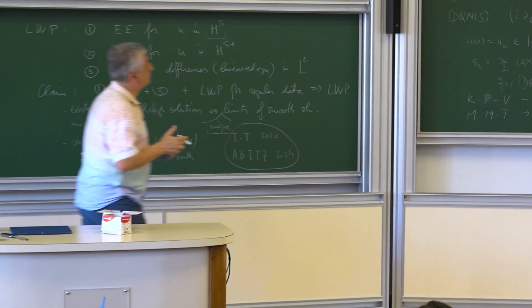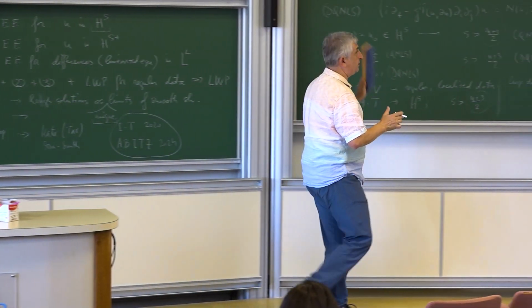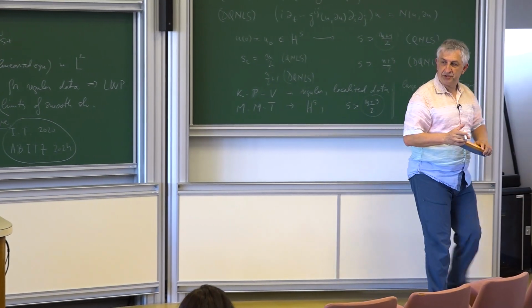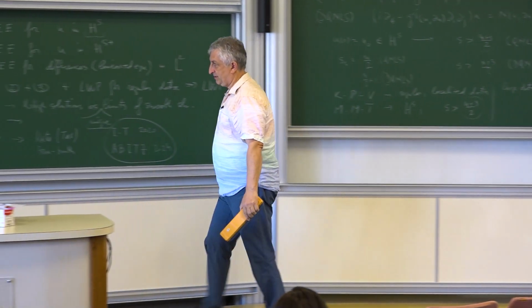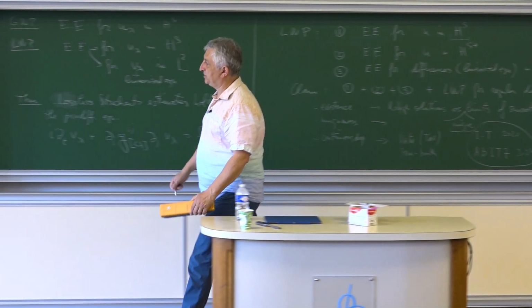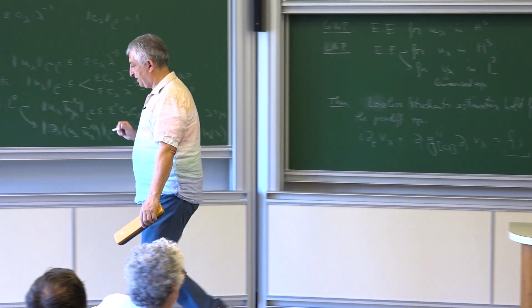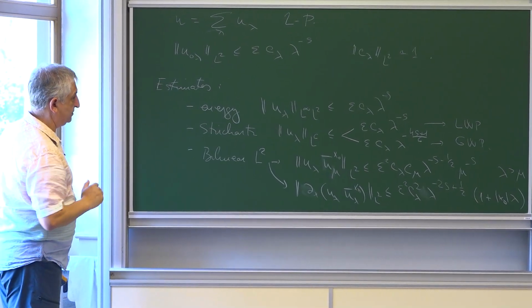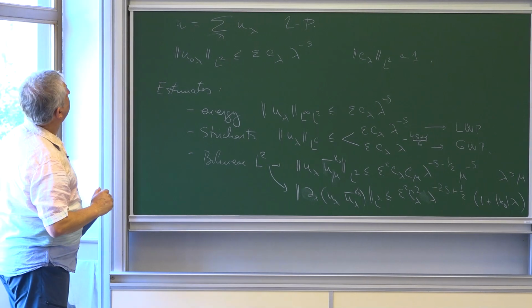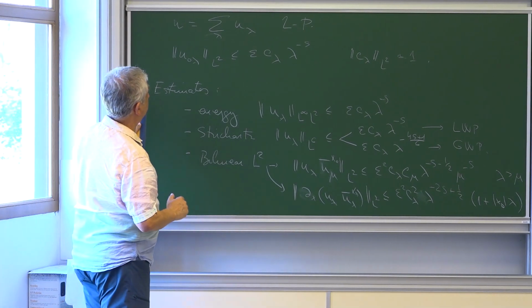Okay, so these are the two-dimensional theorems, and exactly as in the one-dimensional case, they come together with a family of estimates. And unfortunately, I cannot use exactly the estimates from here, so I have to redo this board.